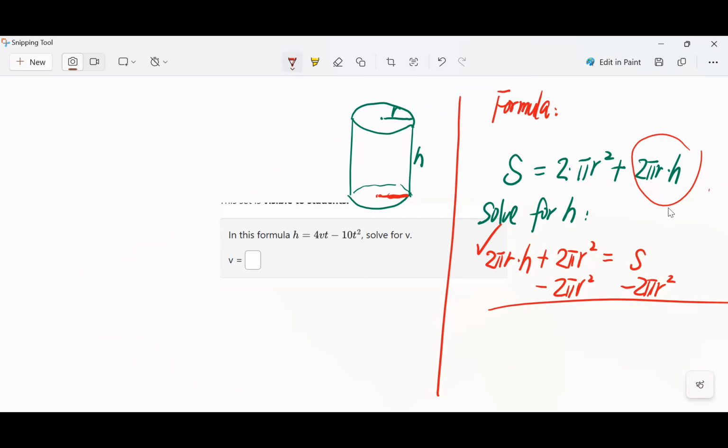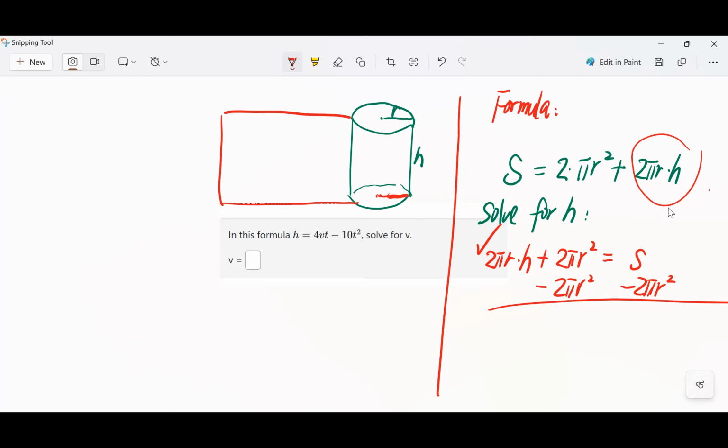And also we have an area surrounding the cylinder, right? If you can visualize this, we can actually use scissors, cut it, and you will turn this into a rectangle. If you open the top circle, open the bottom circle, and stretch it, you will form a rectangle shape.